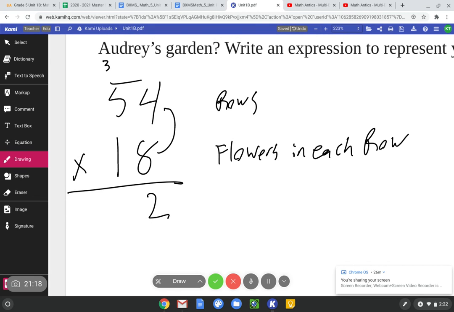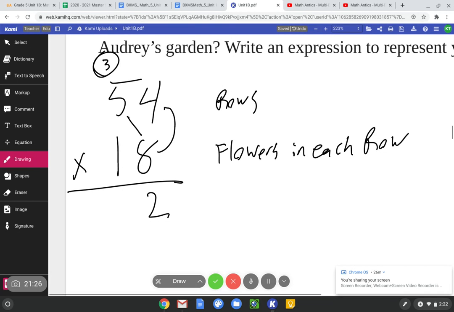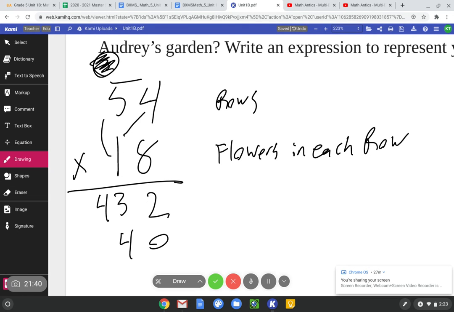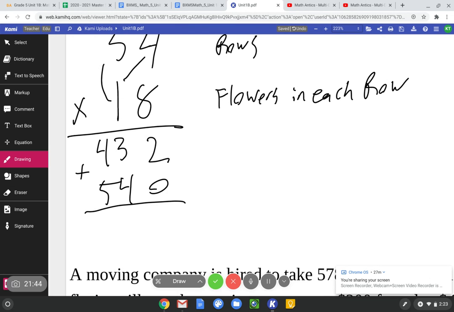We're going to put the 3 in the addit. 8 times 5, that's 40. And we're going to add the 3, 43. Remember, I put that placeholder 0 there because now I'm in the tens spot. So 1 times 4 equals 4. 1 times 5, 5. Now I'm going to add these up. So Denise has 972 flowers in her garden.